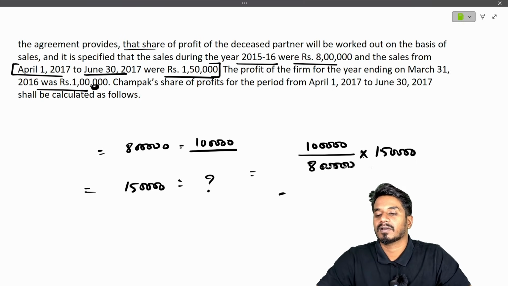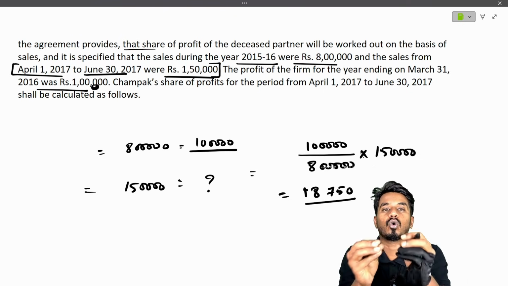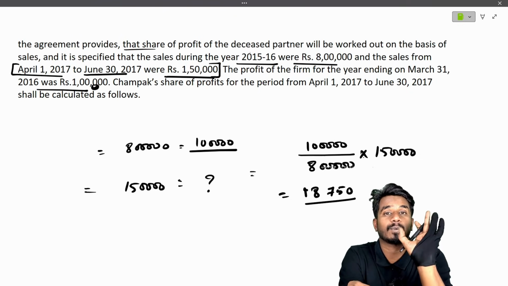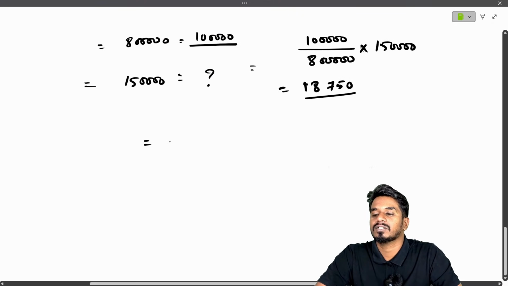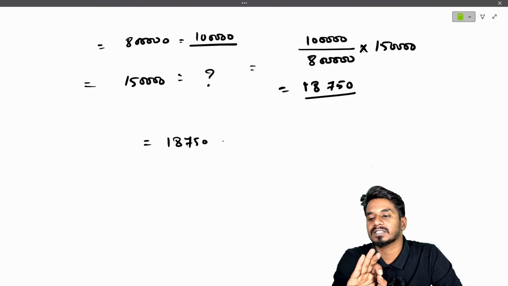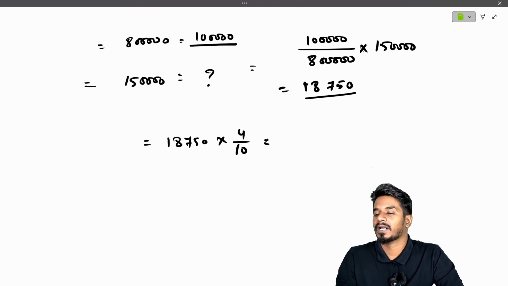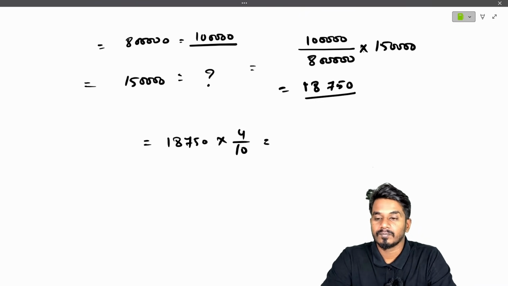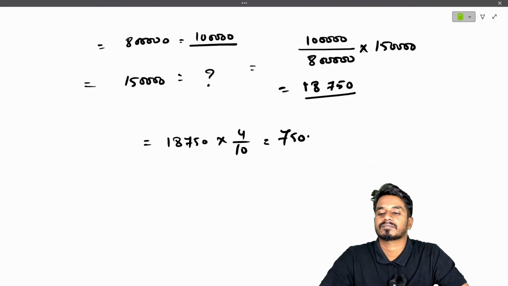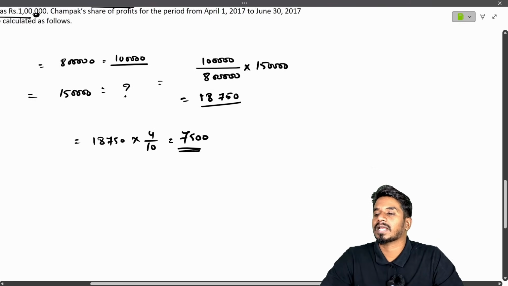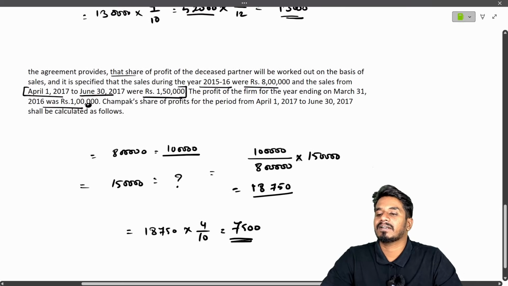It will be 18,750 for 3 months. That is the whole profit, not his share of profit. Then his share of profit will be 4 by 10 of 18,750, which is 7,500. This is how we calculate profits in different cases.